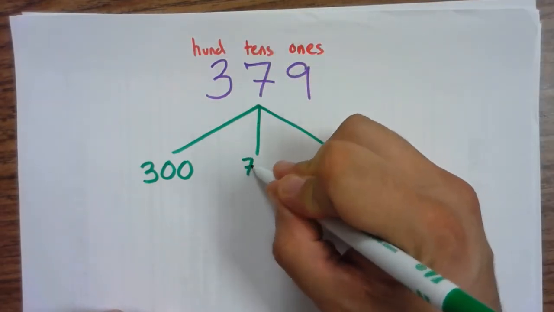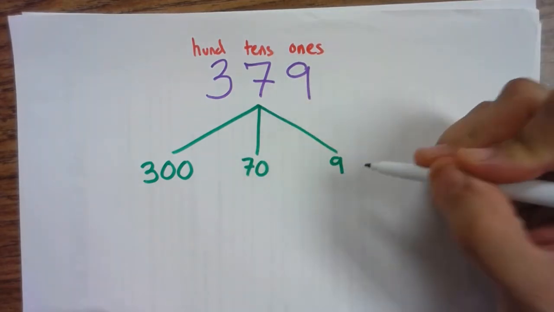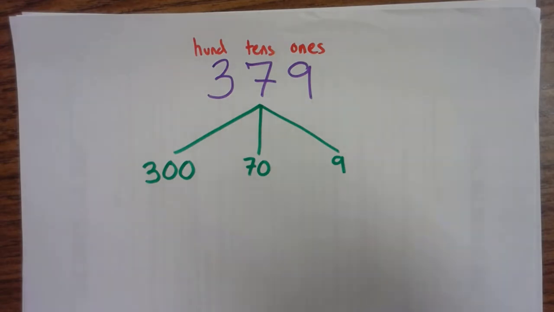So we know that that's worth 70. And 9 ones. This isn't any more correct than any other way I could divide it up, but this has the added benefit of reinforcing the idea of place value. And that's going to come in handy later on when students learn about the idea of expanded form and helping them to understand different ways to really work with numbers in their place values.